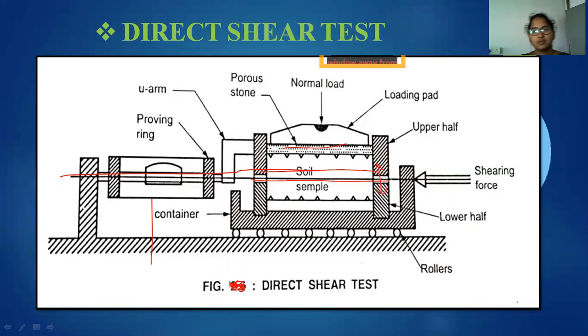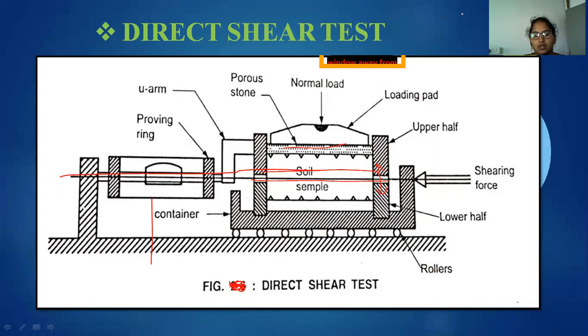In the quick method, the soil specimen to be tested is confined in a metal box of square cross section that splits into two halves horizontally, and a small clearance is maintained between the two halves of the box. This test is also known as the shear box test, direct shear test or box shear test.